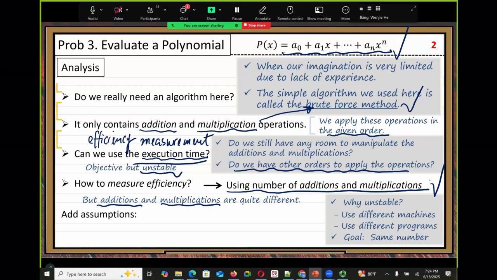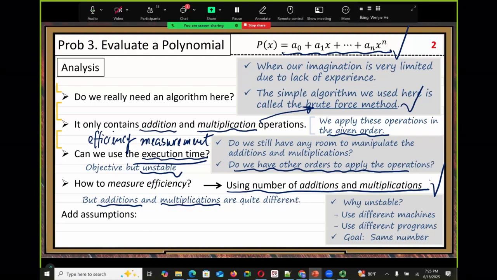In order to do a fair comparison, because in this algorithm we need to use both additions and multiplications, we want to use some fair measure to incorporate both. If we compare addition and multiplication, it's like apple and pear, two different objects.